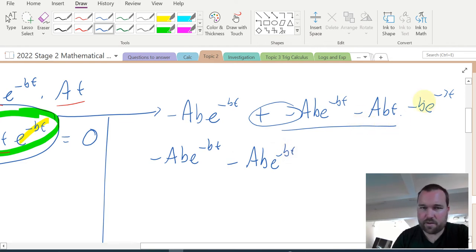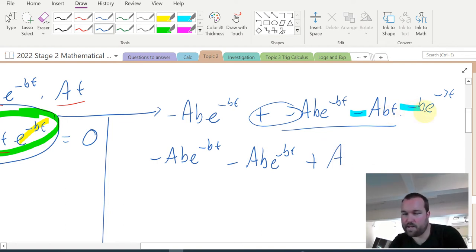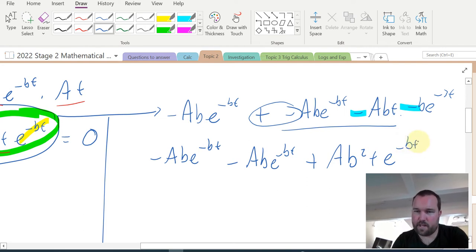Then this goes a little janky. We need to simplify those. That becomes a plus. And then we have that b's down the bottom. So b squared t e to the minus bt.